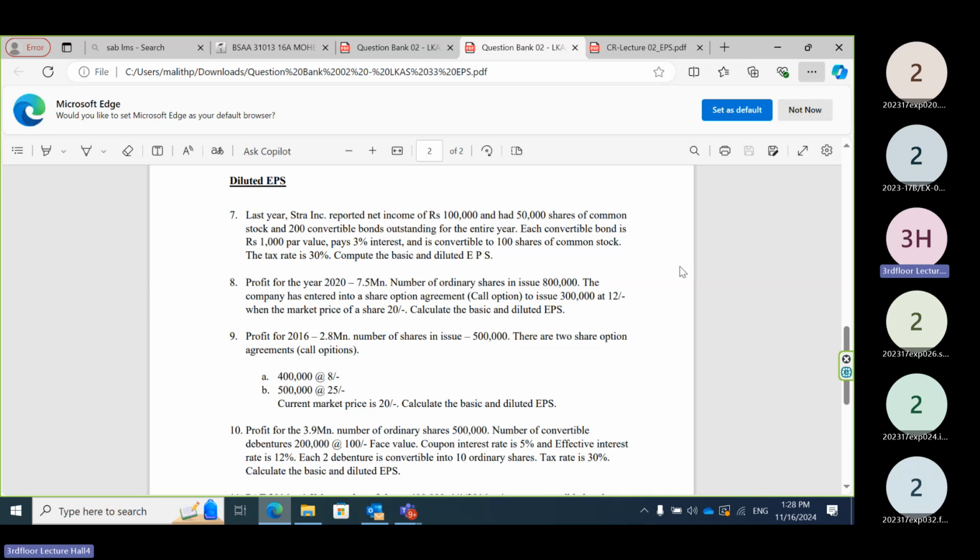Basic earning per share. Diluted earning per share.